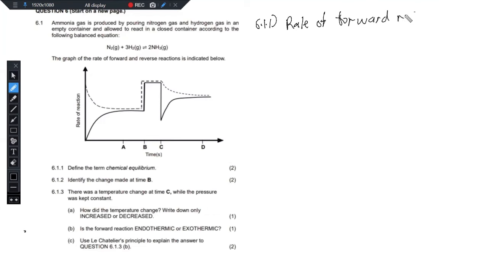So always include the word rate. Do not say this is where forward reaction is equal to reverse reaction. You need to say this is where the rate of forward reaction is equal to the rate of reverse reaction.